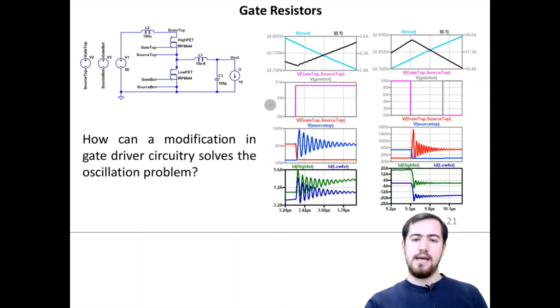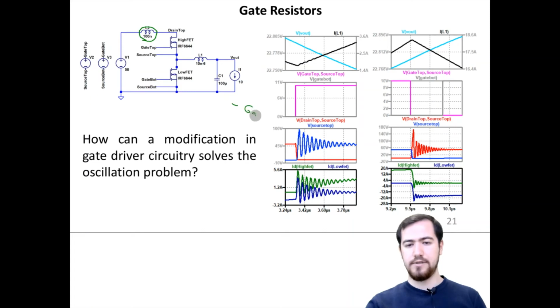Okay, as we discussed before, there were some oscillations on the drain source voltages of the low side or high side switch if we place an inductance on the power loop. So we had discussed that these oscillations can be solved either by the gate driver or a snubber, or, let me write here, inductance minimization is required for solving these problems.